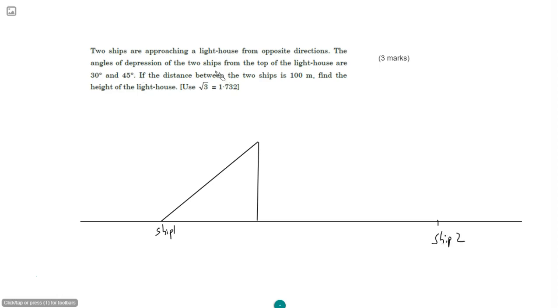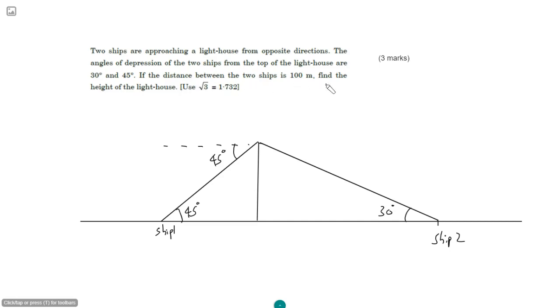The angles of depression of the two ships are 30 degrees and 45 degrees. So let's assume this is 45 degrees. You know that this angle is going to be the same as this angle because they are alternate interior angles. Similarly, this angle is going to be 30 degrees, right?